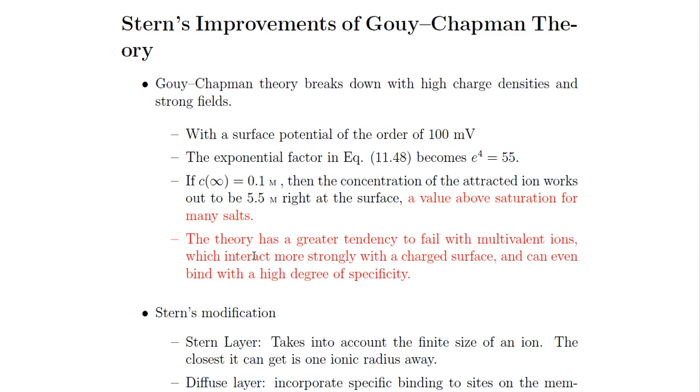Okay, so not all ions can make interaction with the surface. And the Gauss-Chapman theory has a greater tendency to pair with multivalent ions, which interact more strongly with a charged surface and can even bind with a high degree of reactivity. So here you can see if we have Na+ and Ca2+, Ca2+ will interact more strongly with the charged surface, leaving Na+ hanging around in the solution.